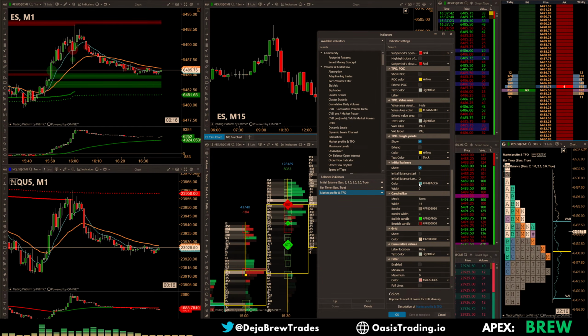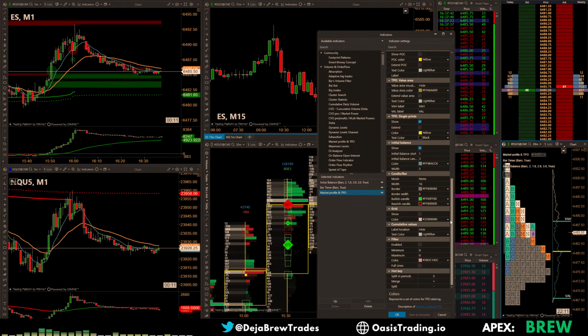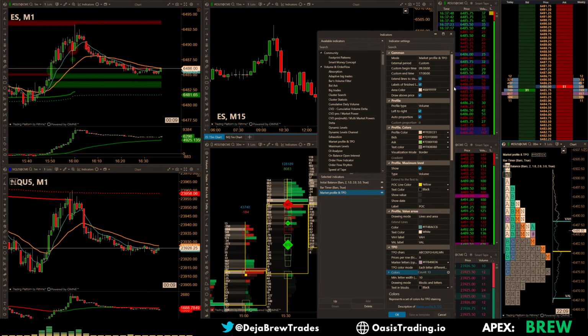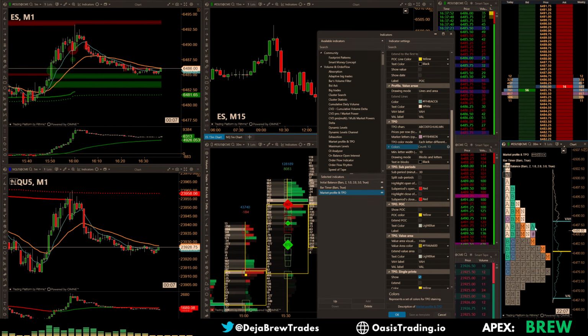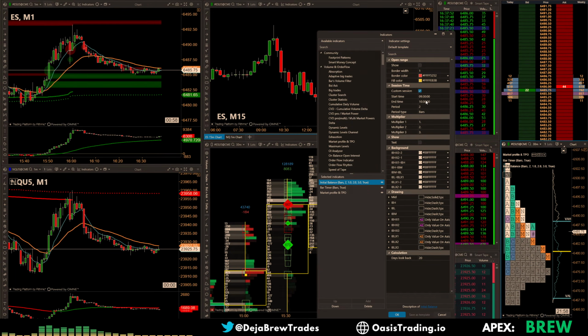I have my initial balance set up as well. But for the most part, everything else is default. Make sure if you want to match mine, that the most important setting is how big the TPOs are. And then I also have this initial balance indicator, which shows you where the extensions are.